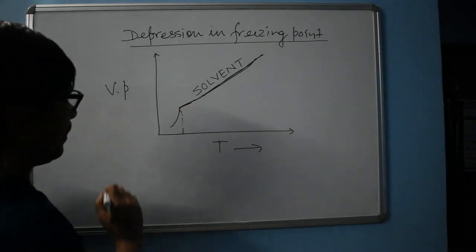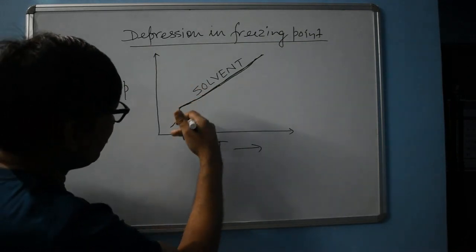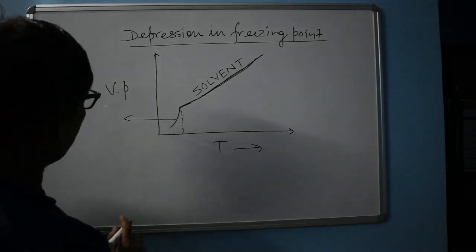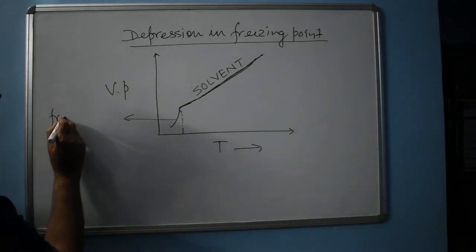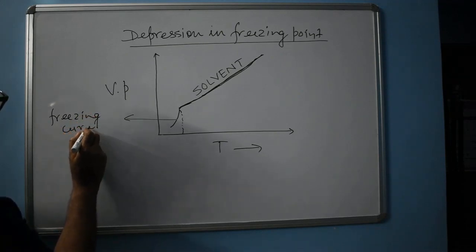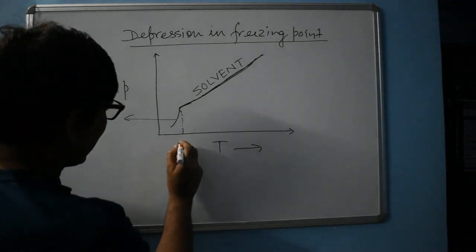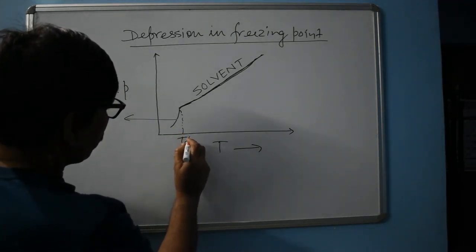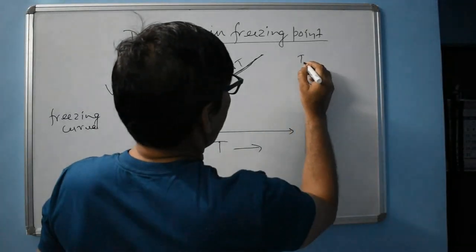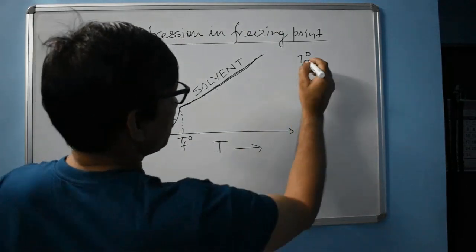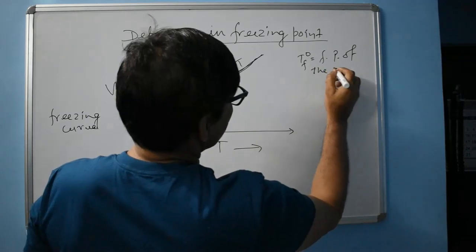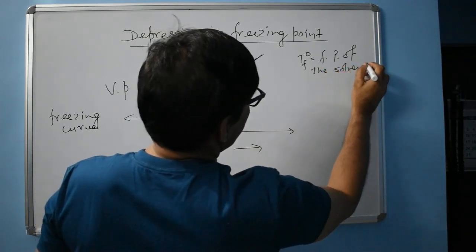It means at this temperature the freezing of the liquid starts, and so this curve is called freezing curve. Okay, and this temperature is freezing temperature. So here T naught F is the freezing point of the pure solvent, say liquid, water.